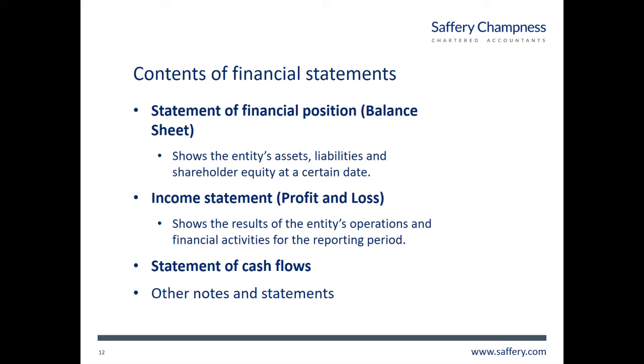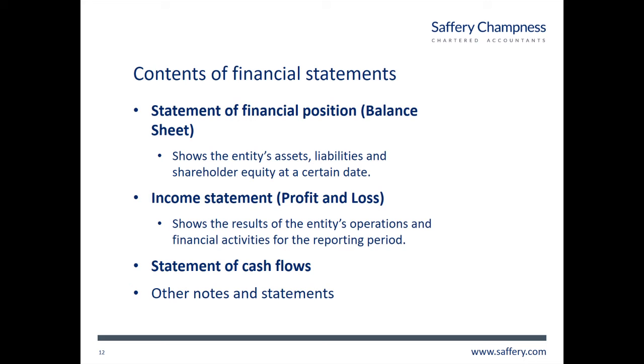Financial statements usually consist of three primary statements. The statement of financial position, which was previously called a balance sheet, shows the entity's assets, liabilities, and shareholder equity at a certain date. The income statement, previously called the profit and loss account, shows the results of the entity's operations and financial activities for the reporting period.